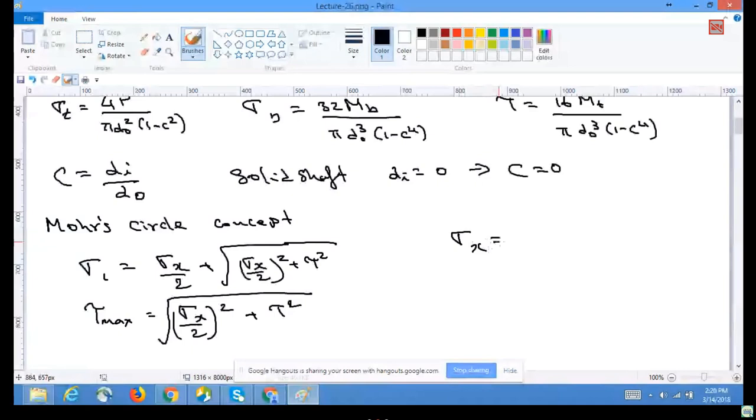So sigma x is given as such, and here is given by the corresponding sigma less than sigma allowable, tau less than tau allowable, and that's how we have designed.